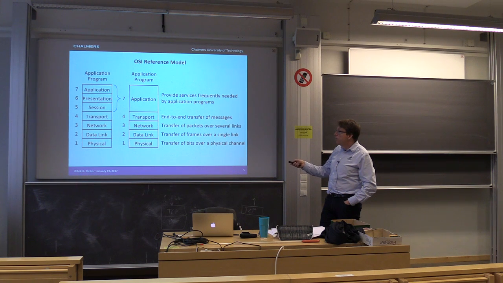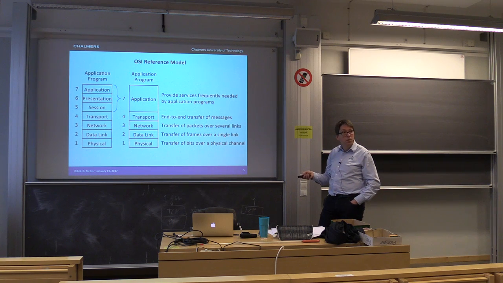Numbering 1, 2, 3, 4, 7. And here are the responsibilities for the different layers: provide services for application programs, end-to-end transfer of messages, transfer of packets over several links, transfer of frames over a single link, transfer of bits over a physical channel. That's the responsibility of the different layers.